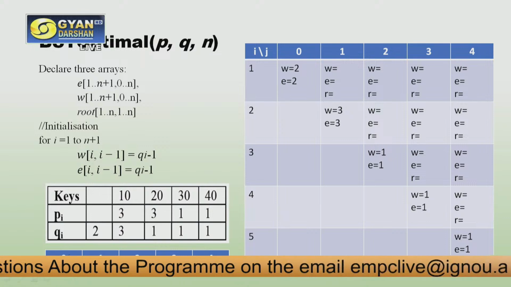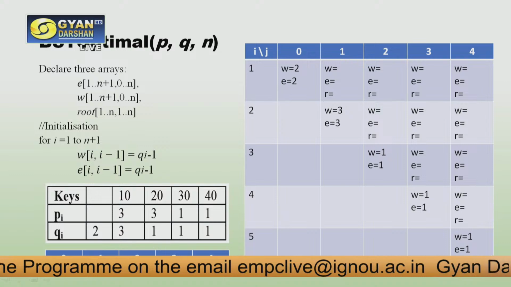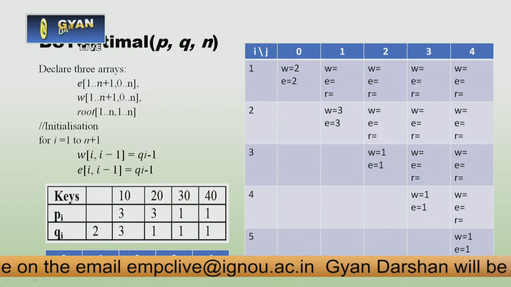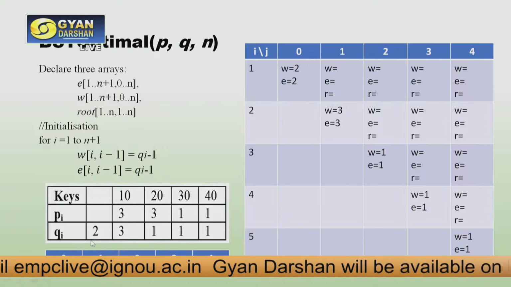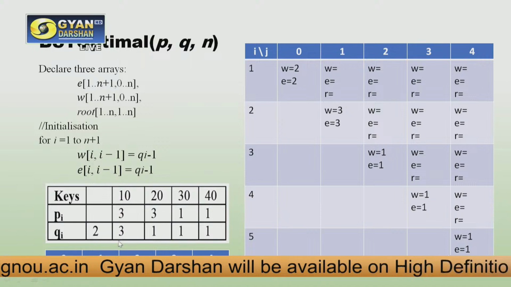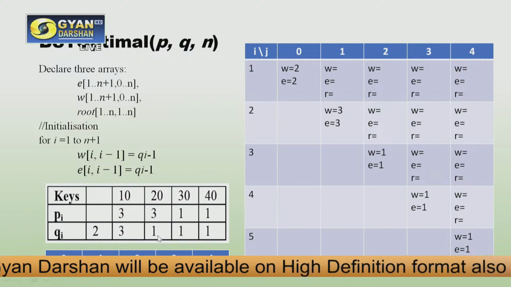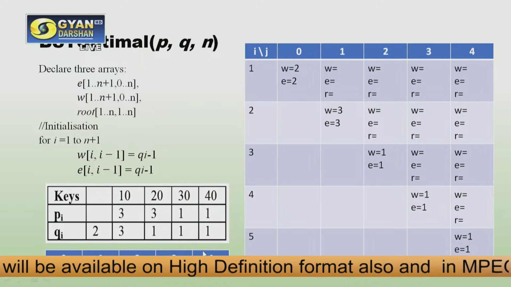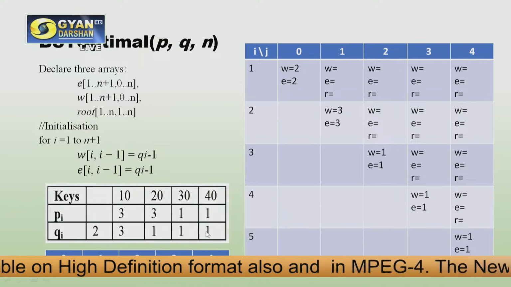The second thing is that the keys are slightly shifted: 0 belongs to this index, 1 belongs to this index, 2 belongs to this index, 3 belongs to this index, and 4 belongs to this index.